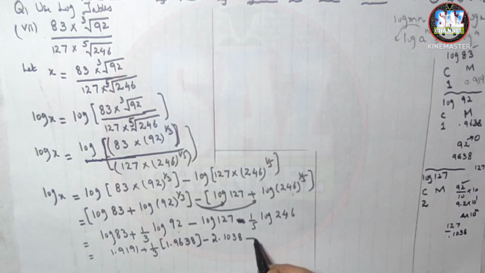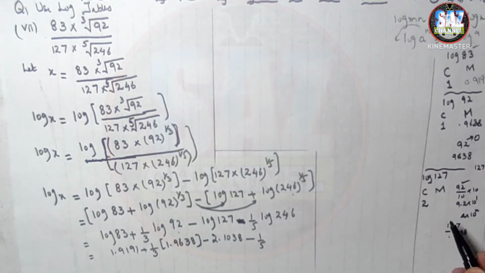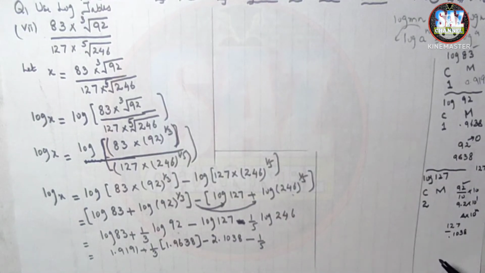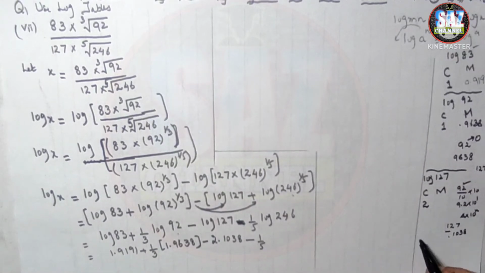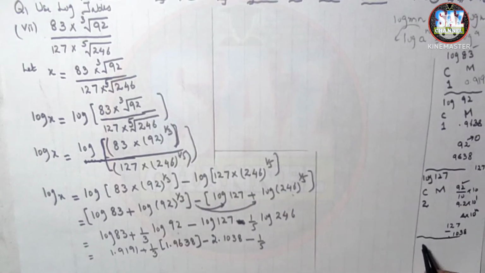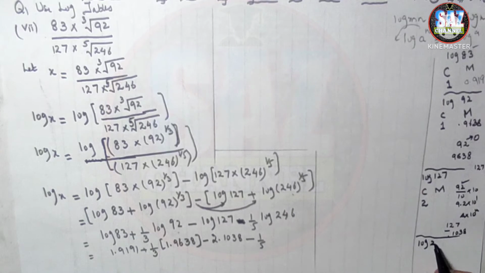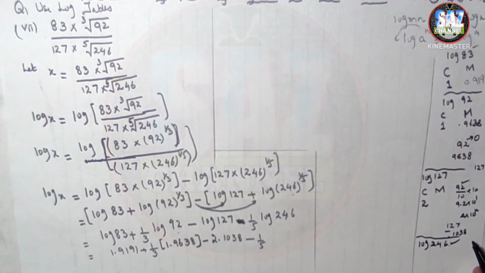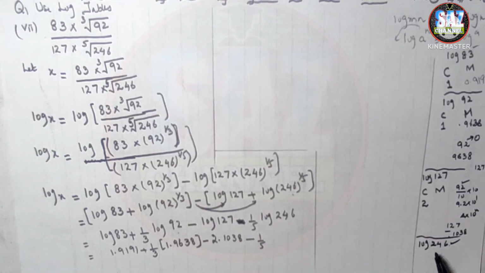So that is 2.1038. And minus 1 by 5 log 246. Again, what will be the characteristic? There are 3 digits before the decimal, so the characteristic is 1 less than the number of digits in the integral part, so the characteristic will be 2.